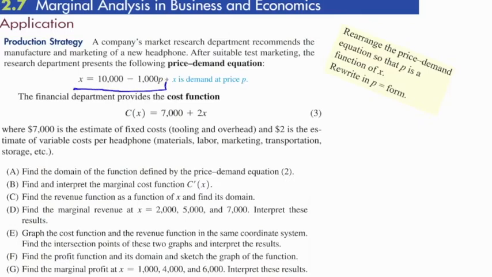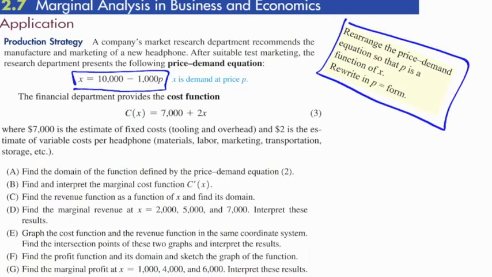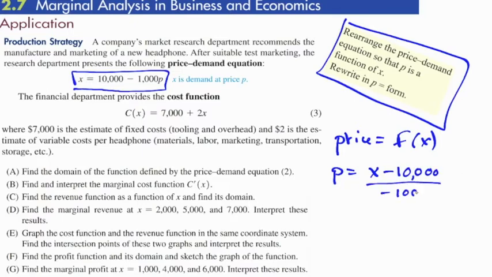Now, this is not the format that we're used to for our price-demand equation. So the first thing I want to say is rewrite it in P equals form. Price equals a function of X, because that's the format we need to generate our revenue function. So P equals X minus 10,000 all over negative 1,000.